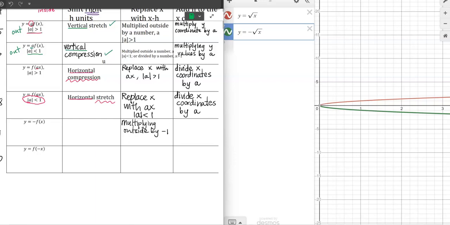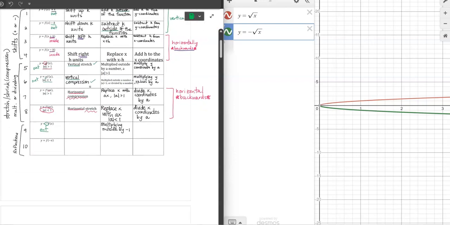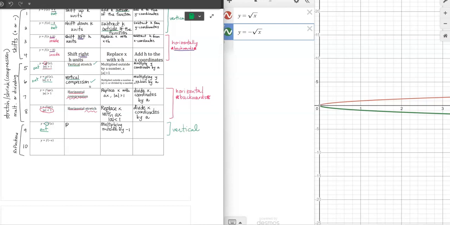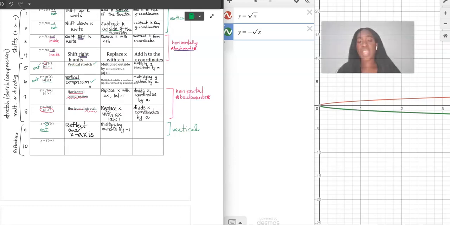That is on the outside. And we know that outside things happen vertically. We've already seen that pattern. And if we think about a vertical reflection, that would be a reflection over the x-axis. The graph flipped over the x-axis when we put that minus sign on the outside.